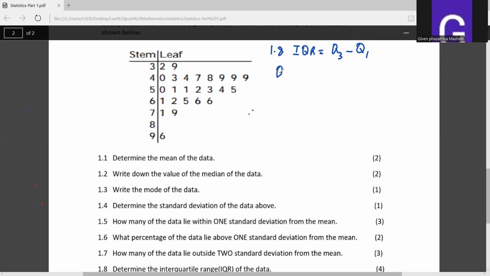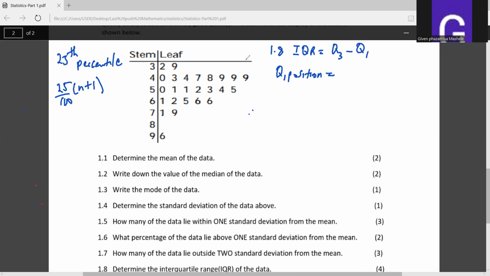So for quartile 1, we need to calculate its position. Remember, quartile 1 is the 25 percentile. It is 25% away from the minimum. How do we deal with the 25 percentile? It's 25 over 100 multiplied by n plus 1, which is just 1 over 4.